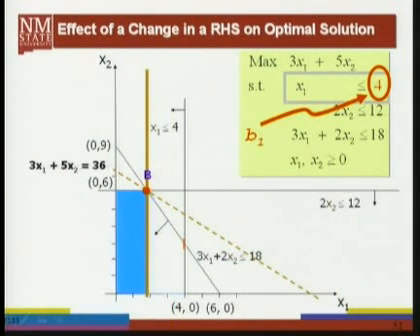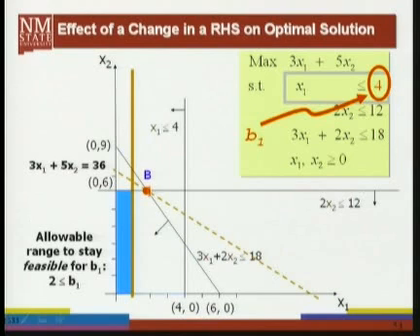If the value of B1 is decreased to 2, we still have the same optimal solution at point B. If the value of B1 is decreased to 1, what happened?